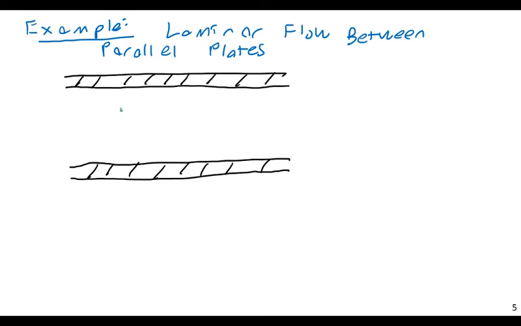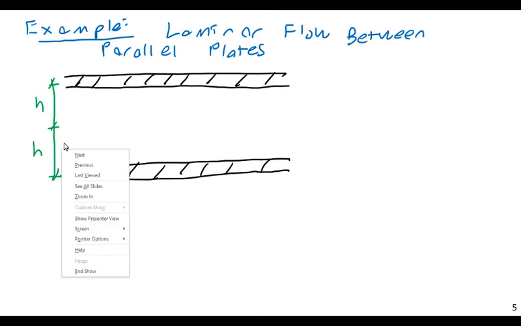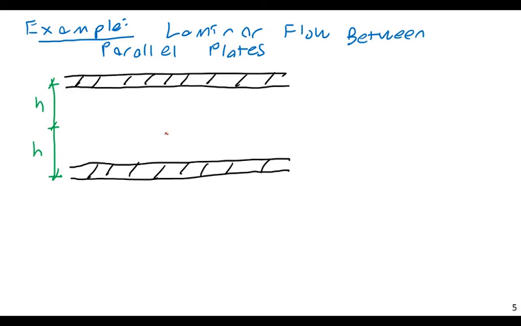I'm going to define H and H as such here, and g, the gravitational acceleration, is going to be pointing downward, and u, the x velocity, will be going to the right. So we'll have a very simple xy system here.